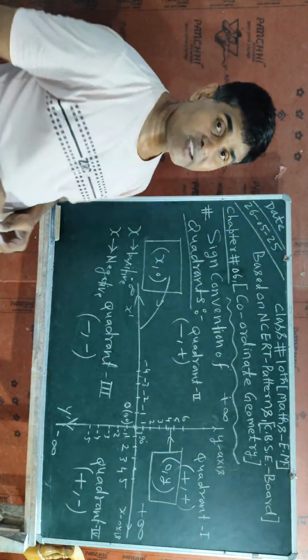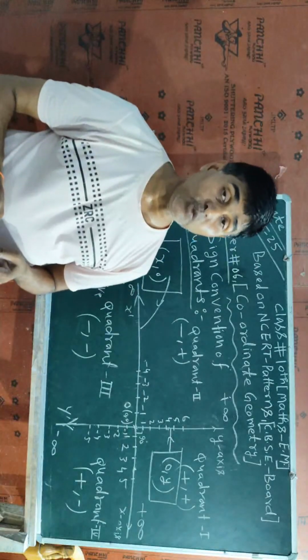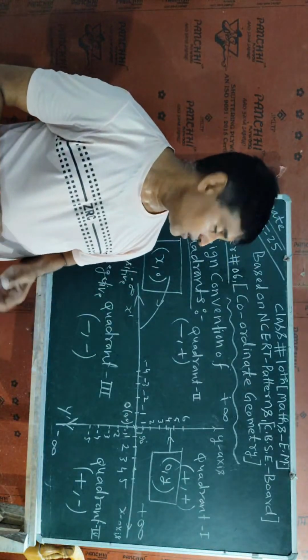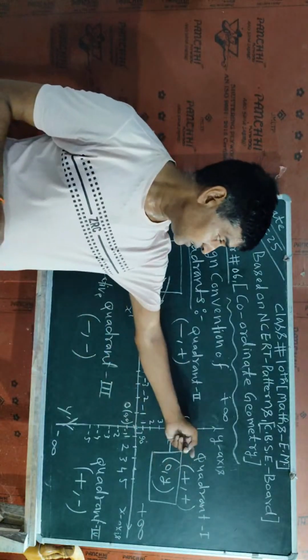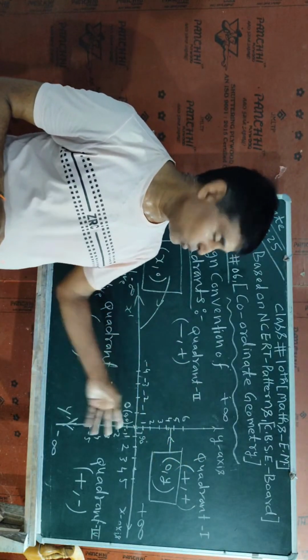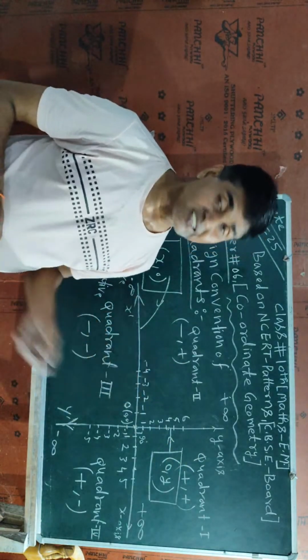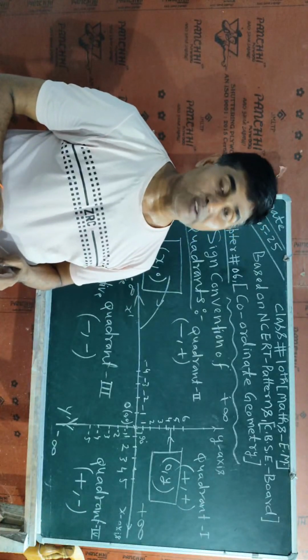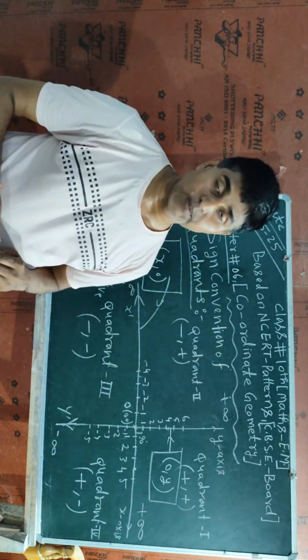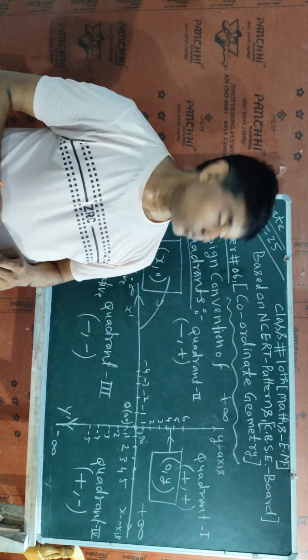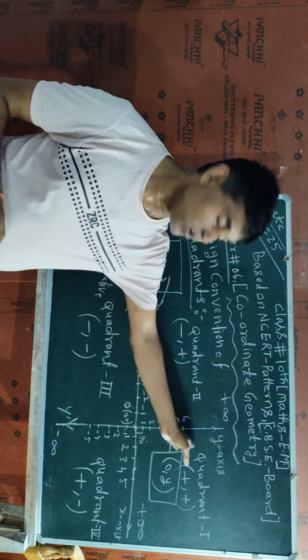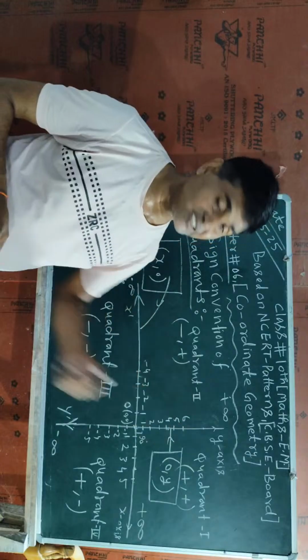If I keep any point, you can easily tell whether that point lies in the first, second, third or fourth quadrant, or on the x-axis or y-axis. That will depend on the given point. If both coordinates are positive, then it is the first quadrant.